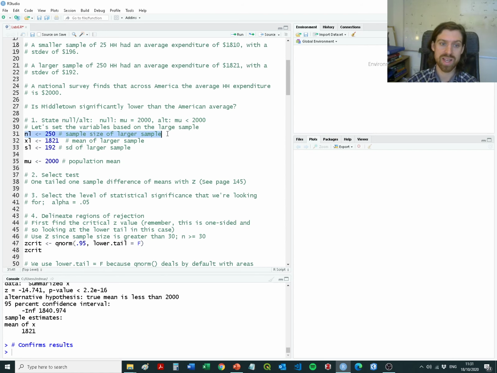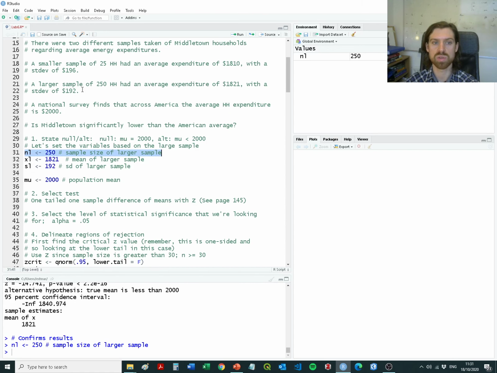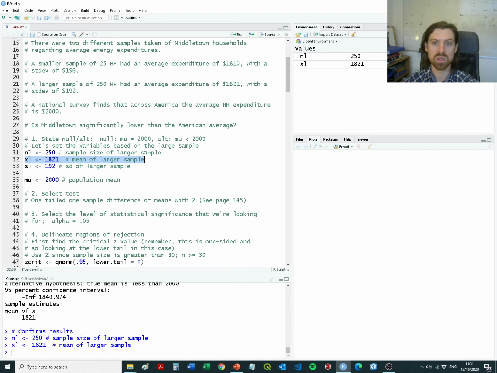So let's set up some of our variables. So first we need to set the sample size for the larger sample, and obviously n is usually indicative of the sample size. I've put L here as well to indicate it's the larger sample, so NL is equal to 250, the households that were sampled up here. We then need to get the mean of the larger sample, which was $1,821.